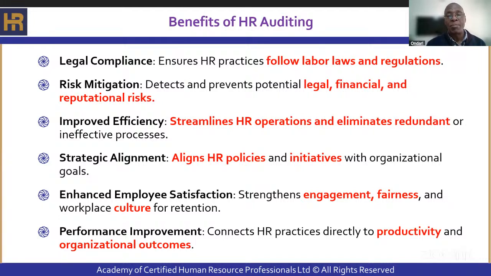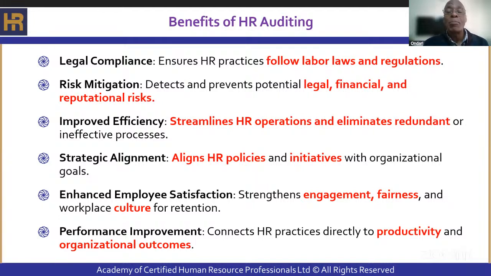Like which one? In recruitment and selection, we can lose money by advertising in the wrong media. In training and development, we can lose money by training the wrong person.